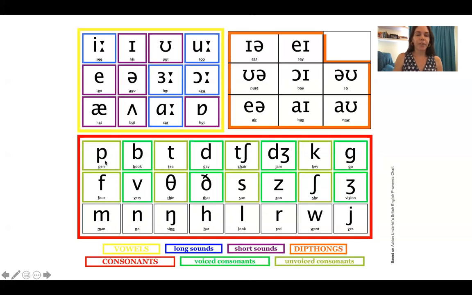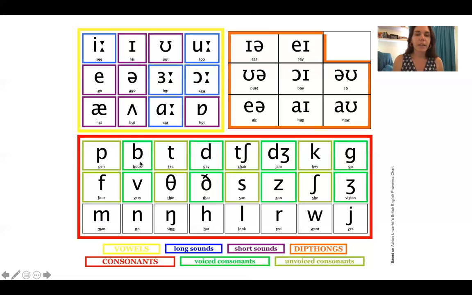So the first sound is P. When we say P, the sound is coming through from our lips, and we'll feel a puff of air. If you put your hand on your throat when you say P, you'll notice there's no feeling there, nothing happening. You have a go. P. So that's unvoiced. And the IPA symbol is like a P in the English alphabet.